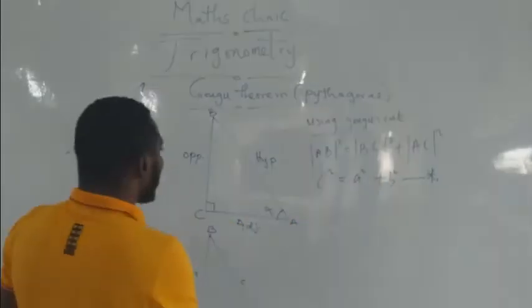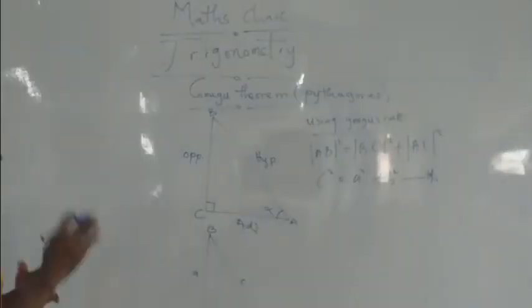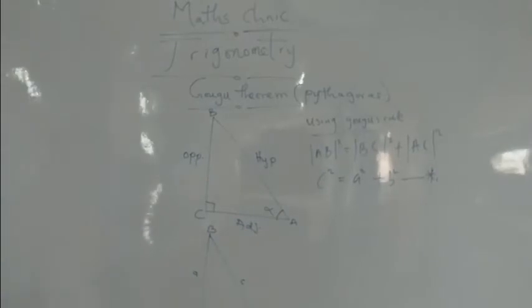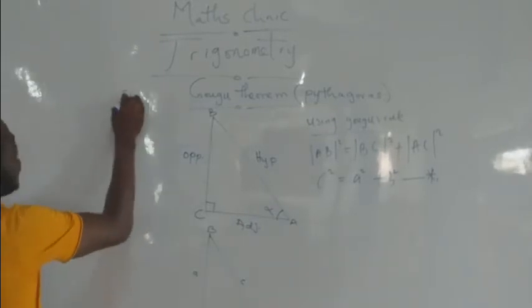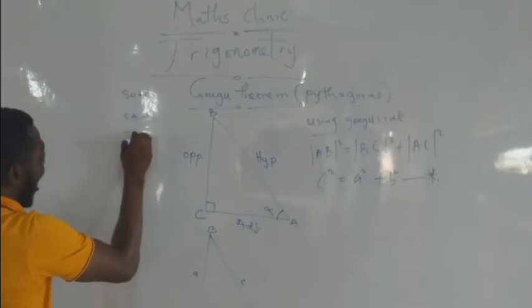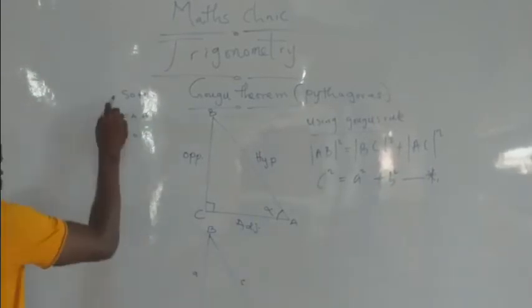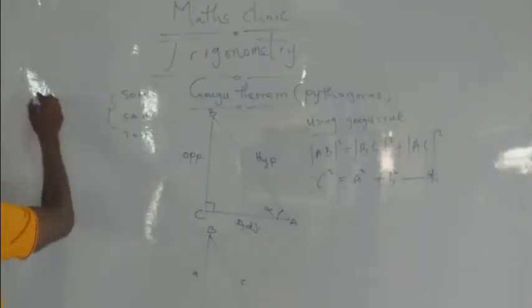So from here, using trig identity, from our trig we know that we have sine, cosine, and tangent, but we still have more than this.